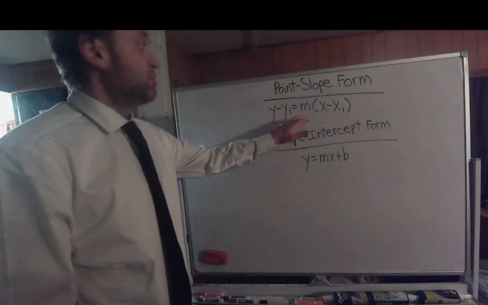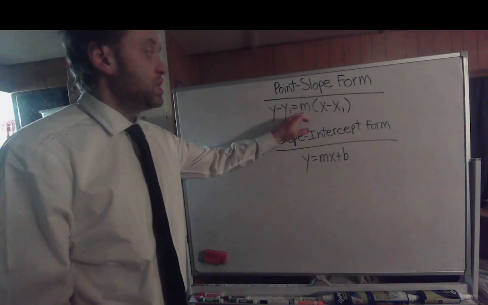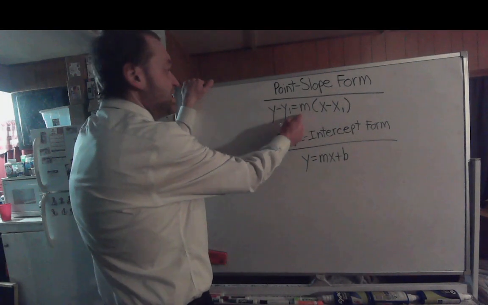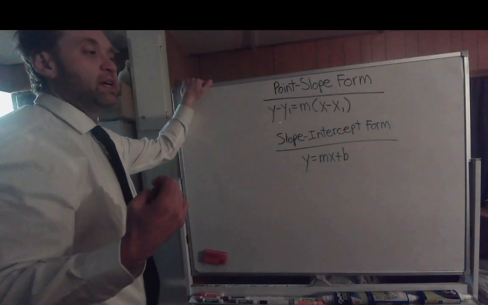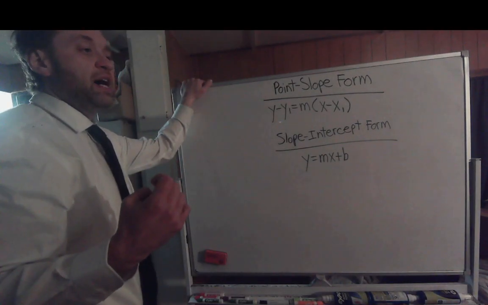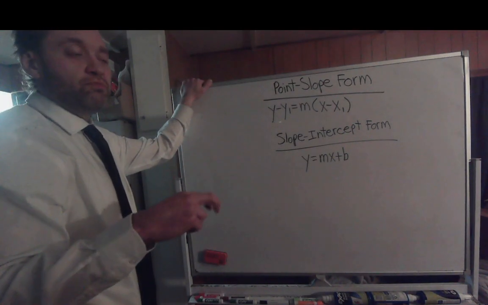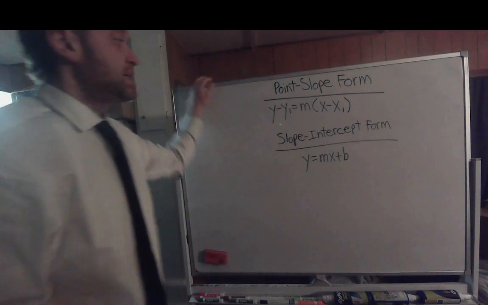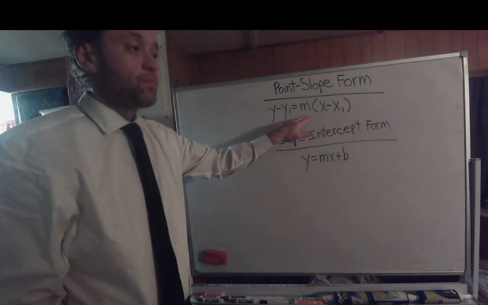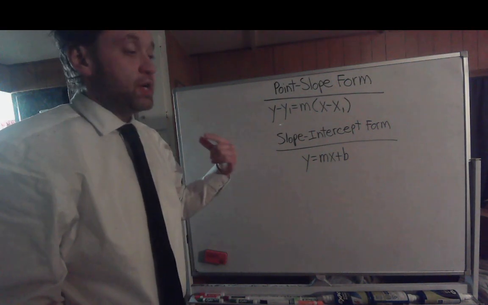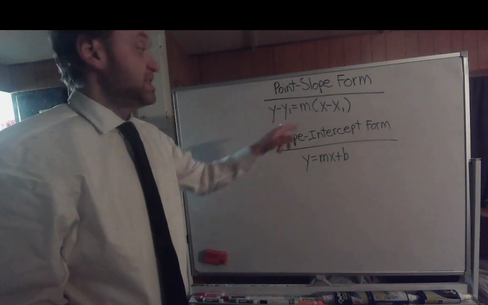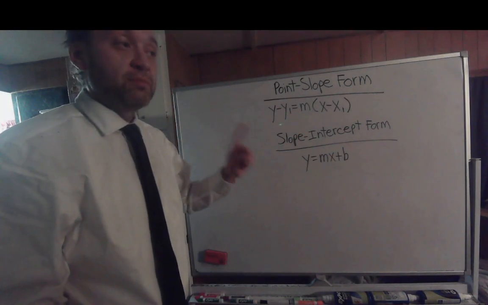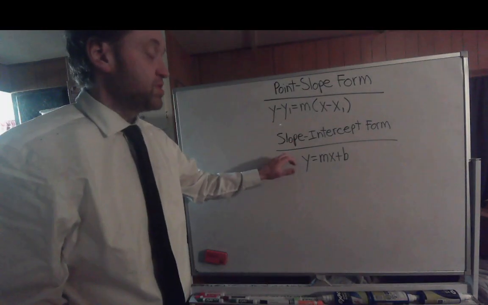Now, the point-slope form is good if, let's say, you got something like find the equation of a line that passes through two different points. You're only given two different points. What you would need to do is find the slope, and then you could put in one of the points it passes through, and then you could work with your point slope form, but ultimately the goal is to get it to slope intercept form.